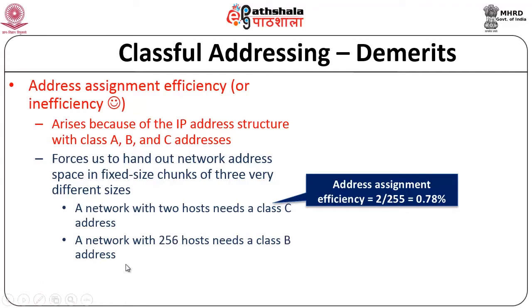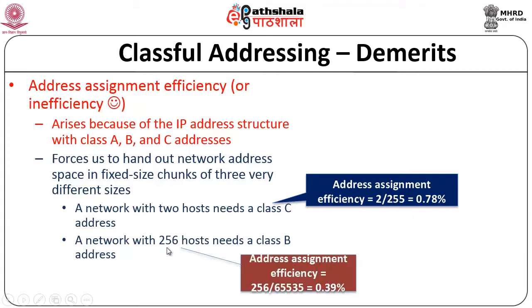Okay, so let us say for instance you want 256 hosts. For 256 hosts, you will have to choose a class B address. So if I choose a class B address for a 256 host network, what will be the efficiency? You can see that there are actually 65,535 addresses available, of which only 256 are being used. So you can see that the efficiency of usage of those addresses is only 0.39%.